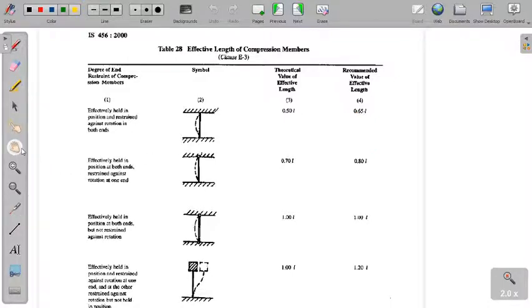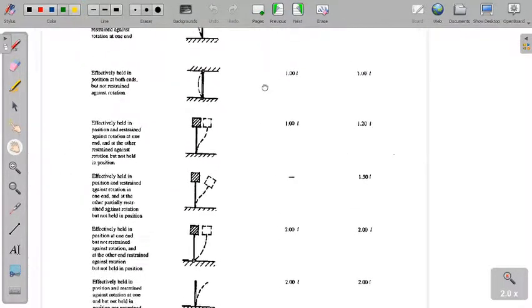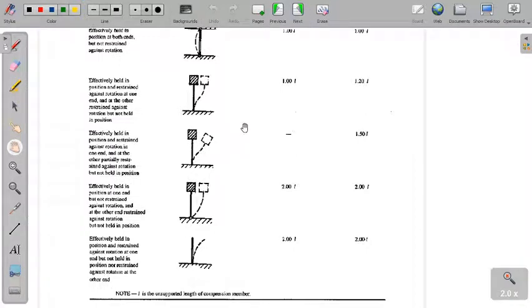Now come to the other categories. There are many other categories, which we seldom need for our purpose. What is that? Effectively held in position and restrained against rotation at one end, and at the other end restrained against rotation but not held in position. So in this case, restrained against rotation and restrained in position at one end, but the other end is not restrained in position.